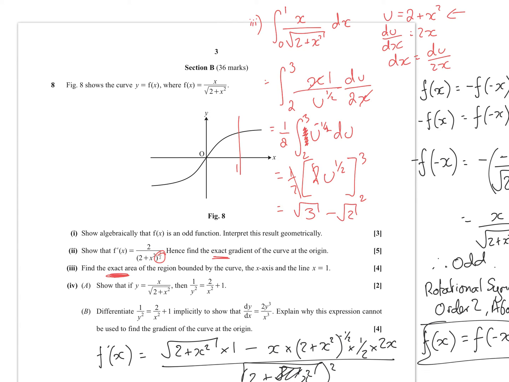Part 4, show that. Here, people went kind of 1 over, various people did it in different ways, 1 over y, and you've got to flip this one upside down, is 2 plus x squared over x, and then people squared it, and when I've got that squared, that's 2 plus x squared over x squared, which is 2 over x squared plus 1.